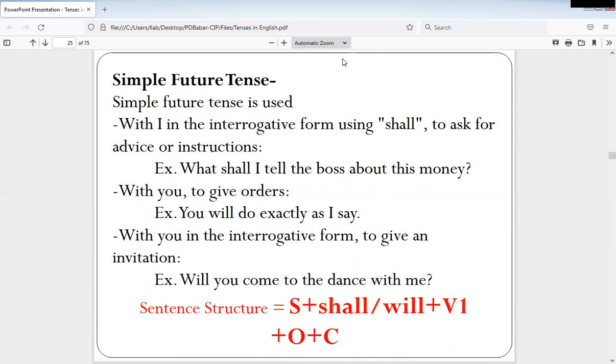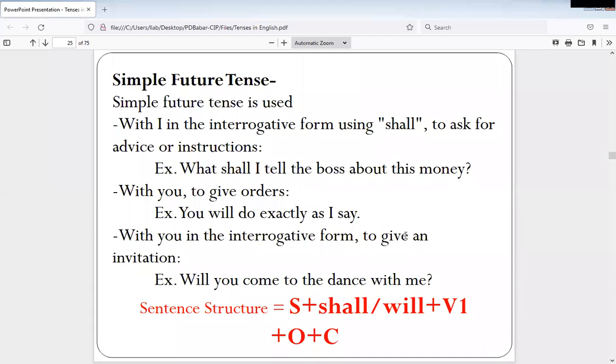Before 2 weeks we were discussing about the simple future tense, and we have almost completed up to the sentence structure of the simple future tense. So simple future tense we use for the plans that we have in our mind in future.